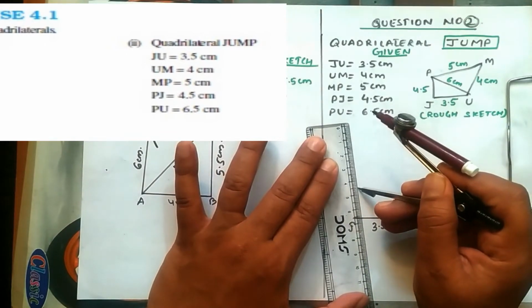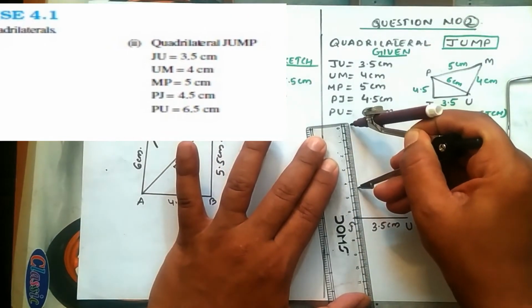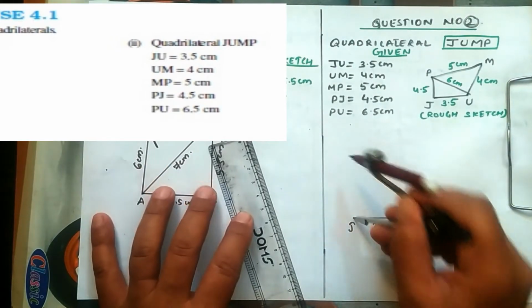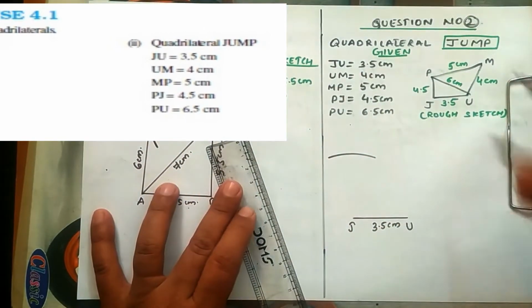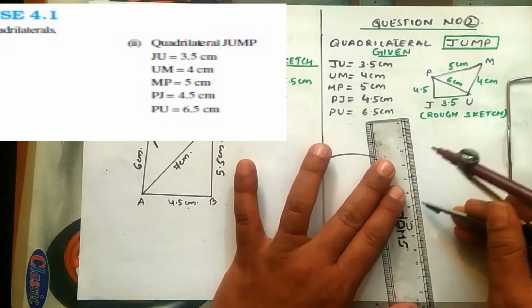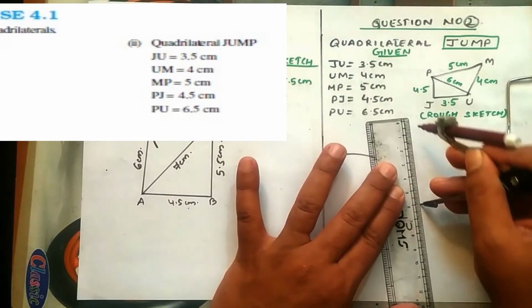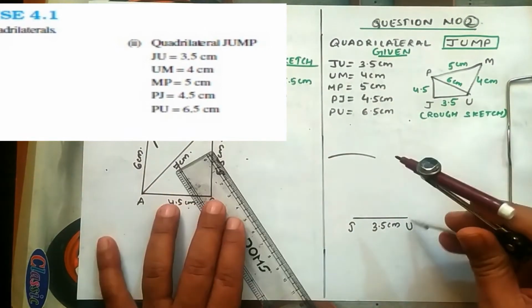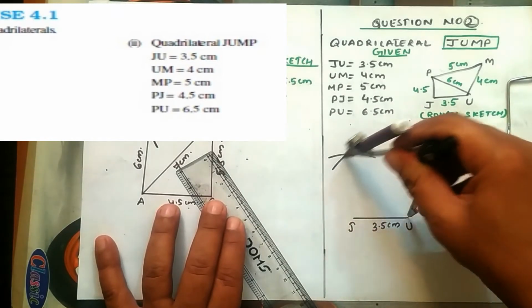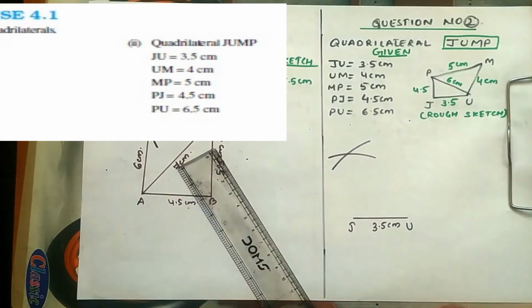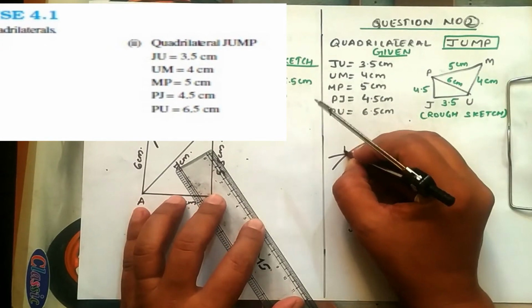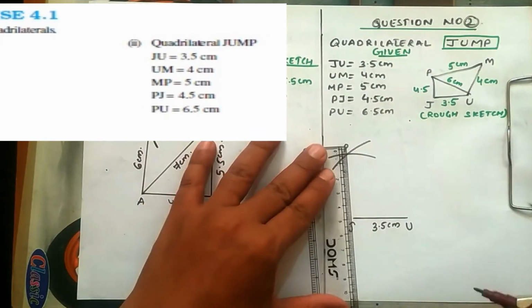It is 4.5. With the help of ruler and compass, I have taken the measurement of it, drawing an arc in the air, and the next will be PU, which is equal to 6 centimeter. Taking a measurement of 6 centimeter, drawing an arc on the given arc, and in this way I have got P as an intersecting point.